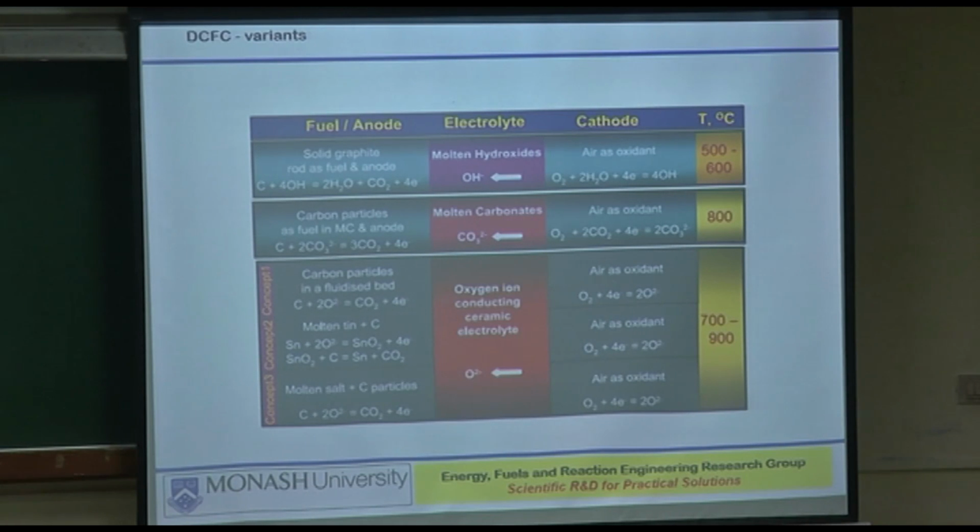Then in the last row, there are different concepts people have been working on, and I will show some of the schematics later on. One is that the contacting of the carbon and the anode is the key, right? If the contact is not good, then you will have tremendous anodic resistance, fuel utilization factor will drop, your efficiency will drop.